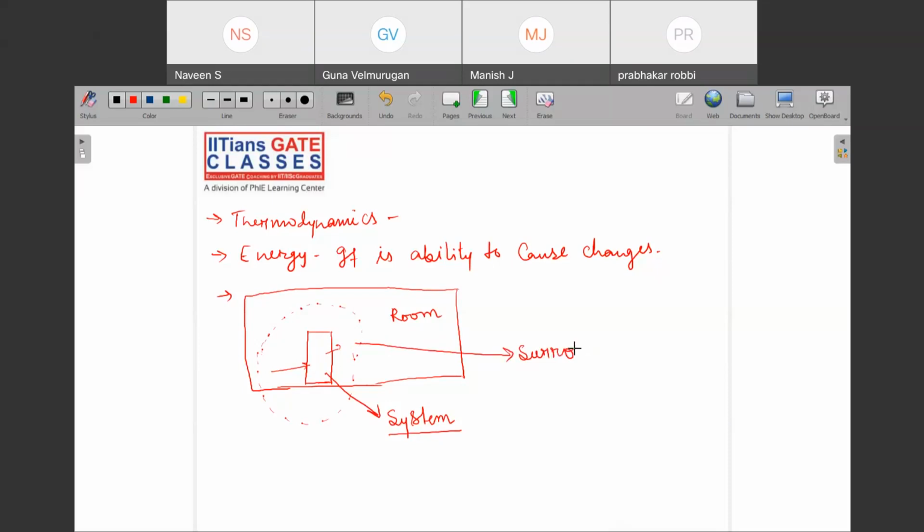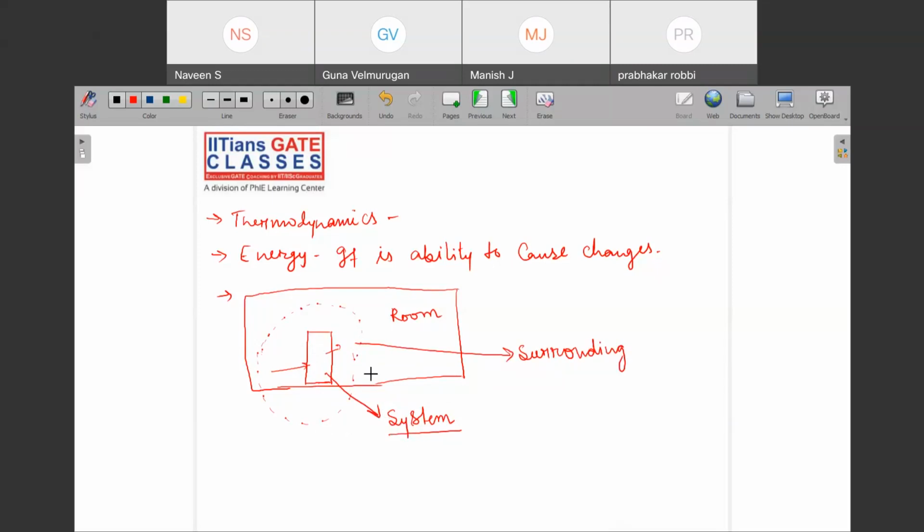Got the idea? System and surroundings. Whenever you are going to analyze any particular system in nature, you are trying to fix where your study is focused. You create some boundary so that you can analyze your things in that region particularly, and that automatically becomes the system.